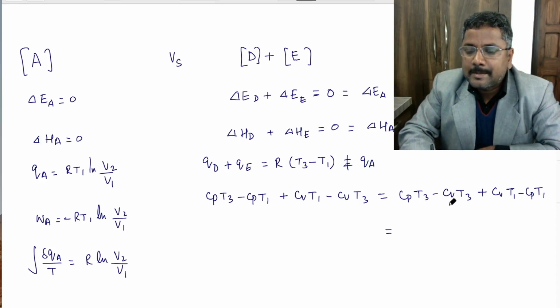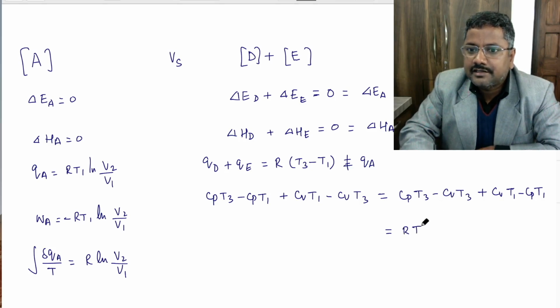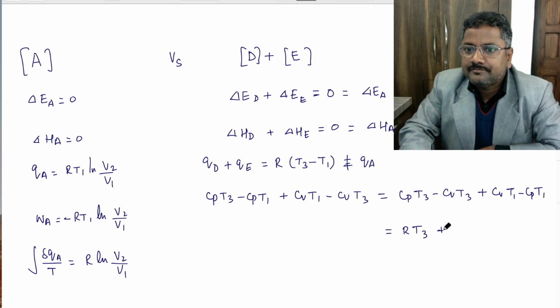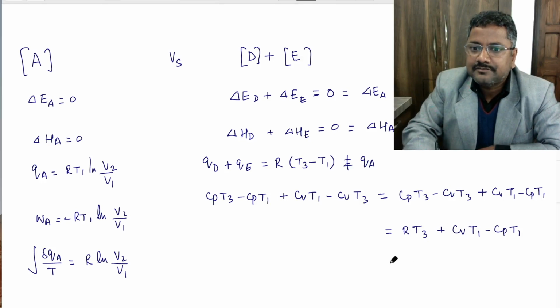Here T3 we can take common. So Cp minus Cv is equal to R. Here we can write RT3, and plus CV T1 minus CP T1, right?